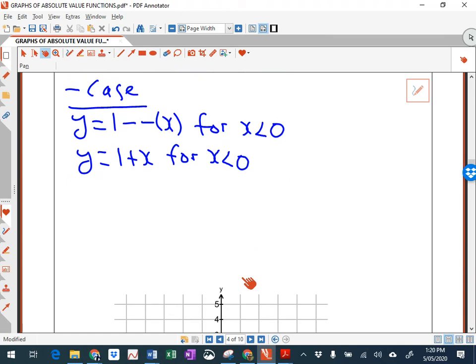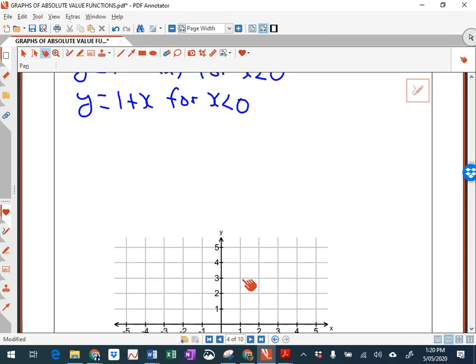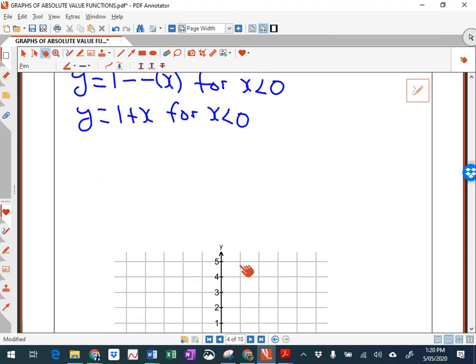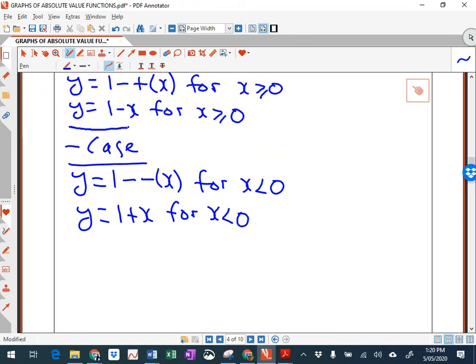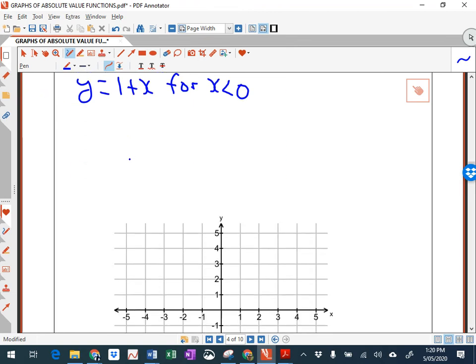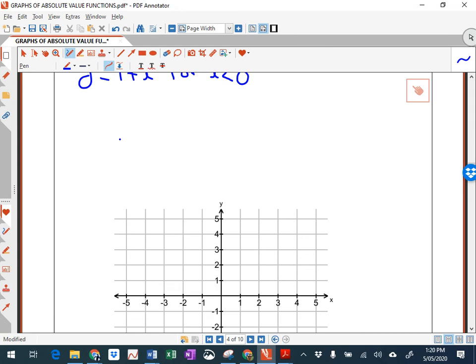So here's our number plane. So let's start off with what we're going to do there. So we'll start off with sketching 1 minus x. Okay, 1 minus x. So let's do that. So we're going to sketch. So there's my working out.